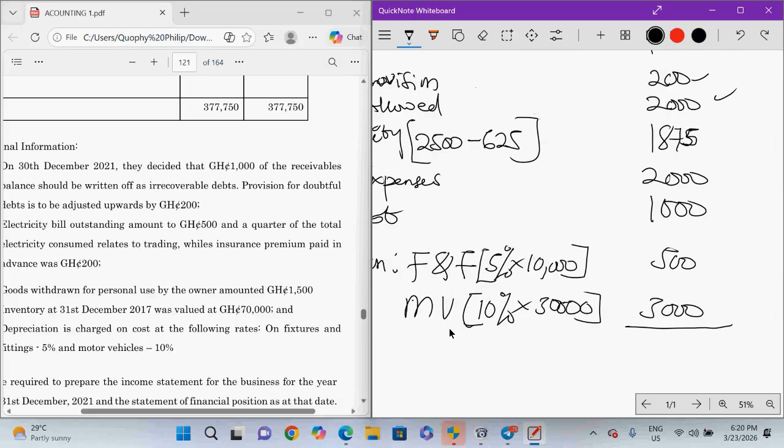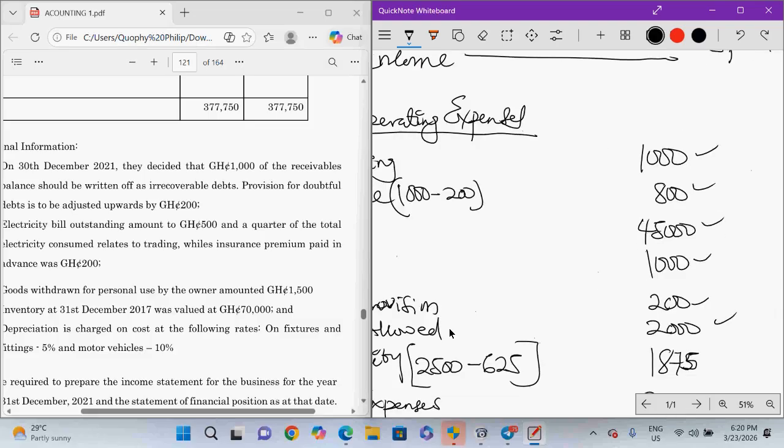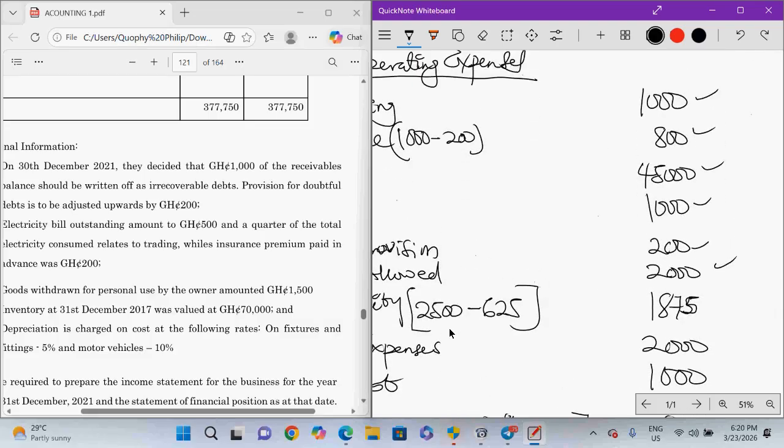What are we getting? So add them quickly. Fast. With 20 students, you can sit down the whole day, from morning to evening. It's normal. 58,375, the total expense.